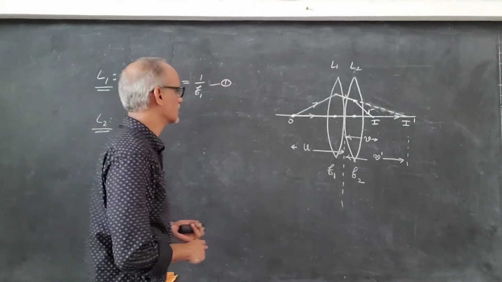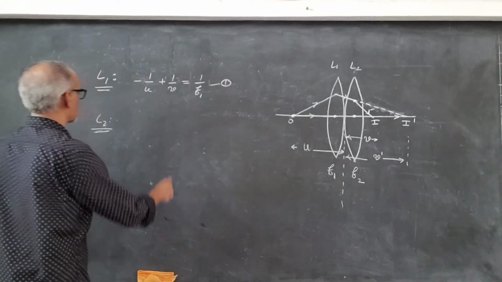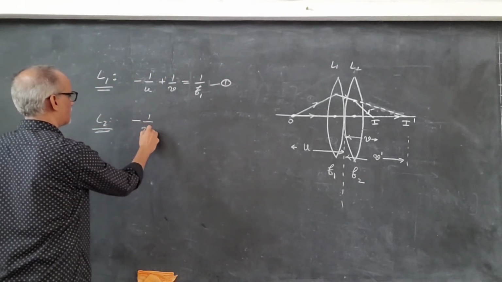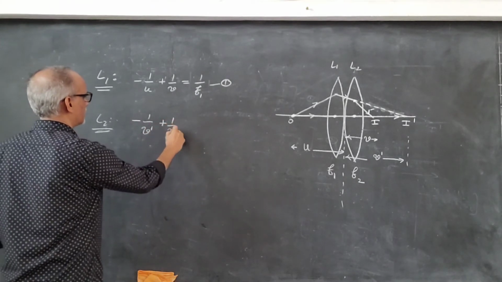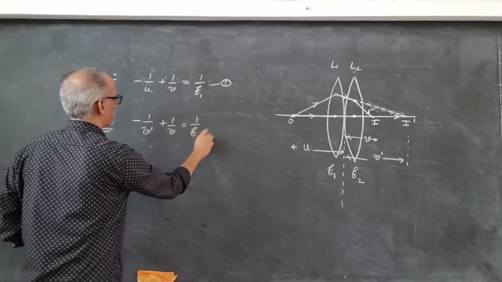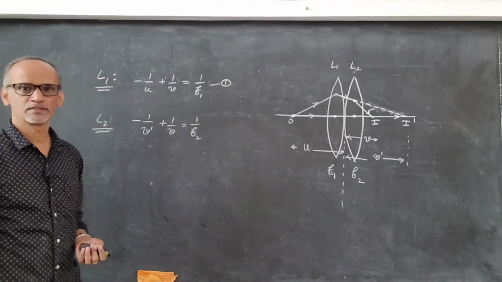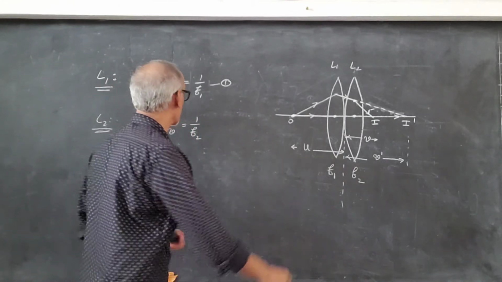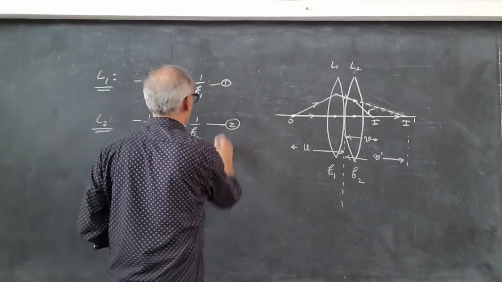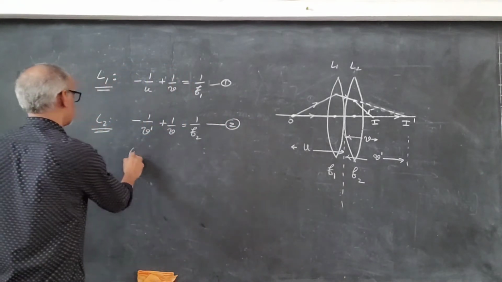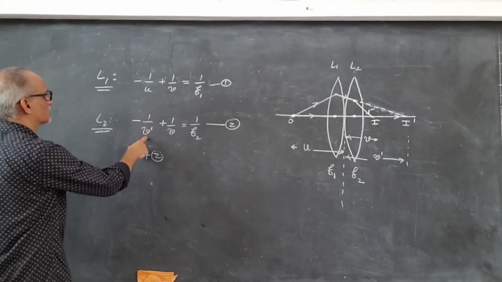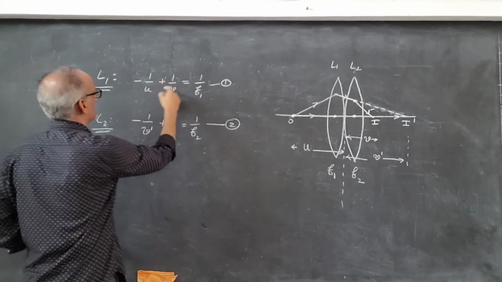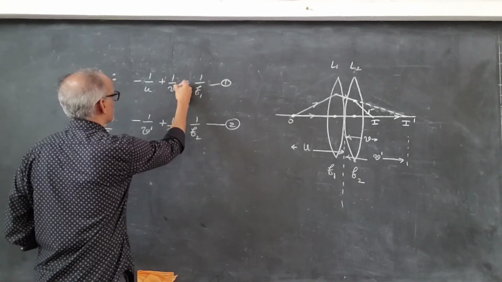So therefore, using the lens formula again: minus 1 by v dash, because now that acts as the object distance, plus 1 by v, the final image, is equal to 1 by f2, the focal length of the second lens. So this is the second equation, and when we add these two, equations 1 and 2, this should be v dash here, not 1 by v.